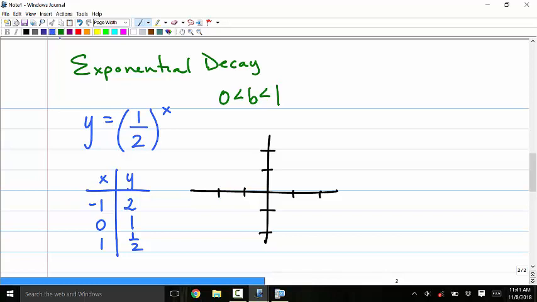Plotting those points, -1, 2, 0, 1, and 1, 1/2, our exponential decay function looks like this.